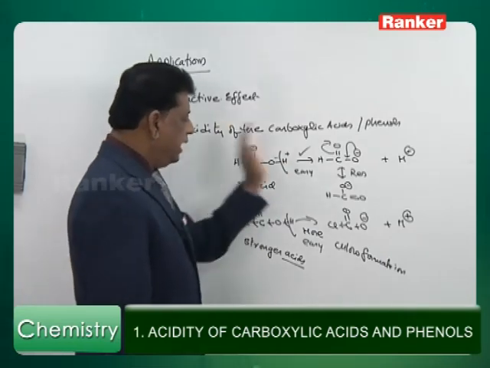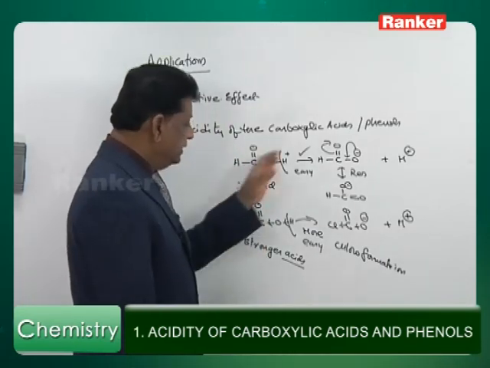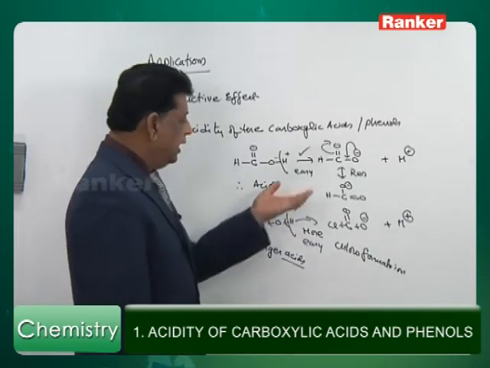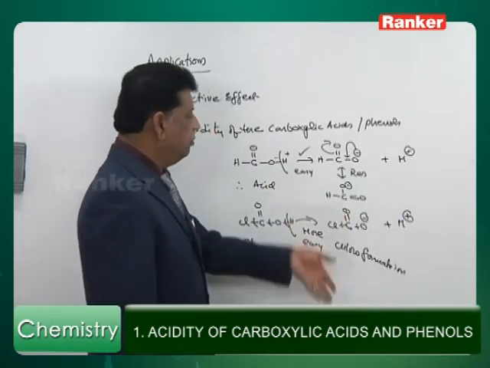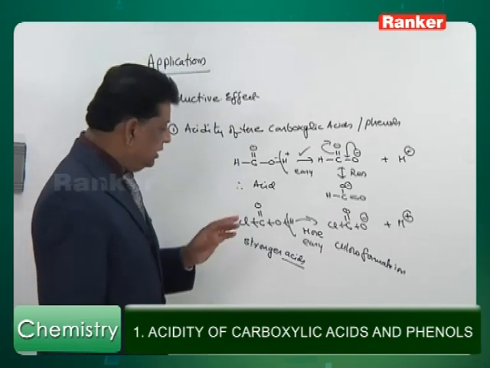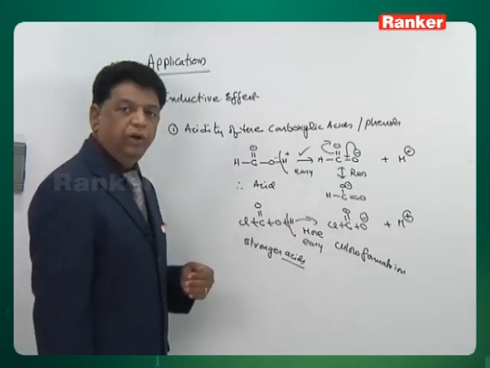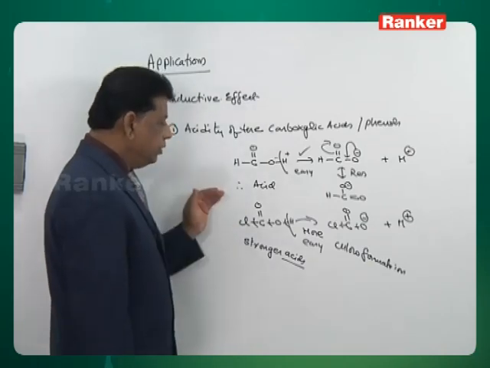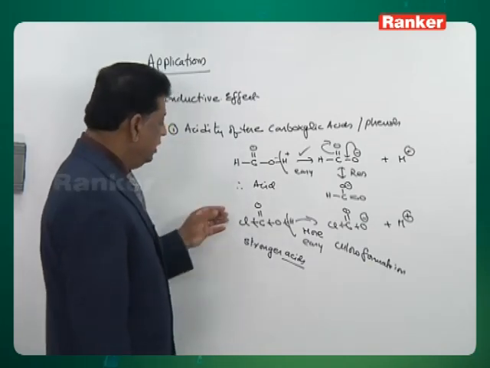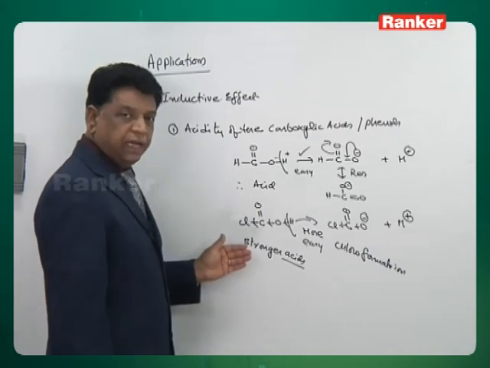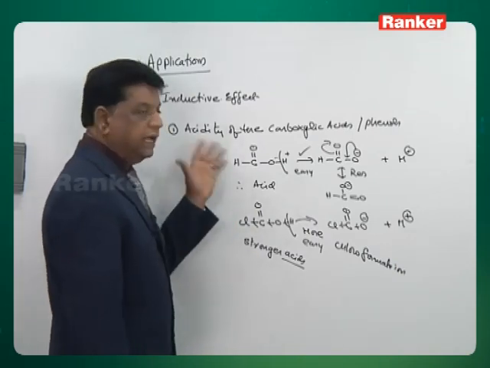Or the anion formed, as a consequence of the donation of the proton, has more stability than the formate ion. That's why the chloroformate is readily formed, which is nothing but the proton donation becoming easy. So finally, what we say is that chlorine-containing formic acid is a stronger acid than formic acid.